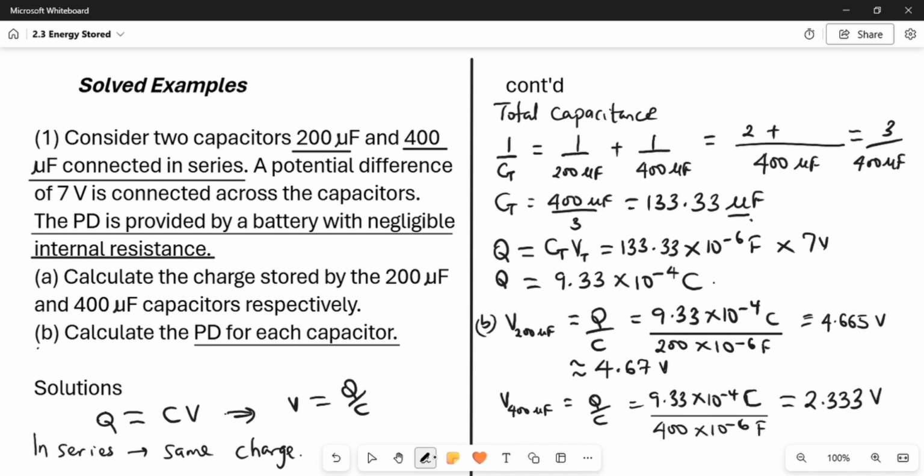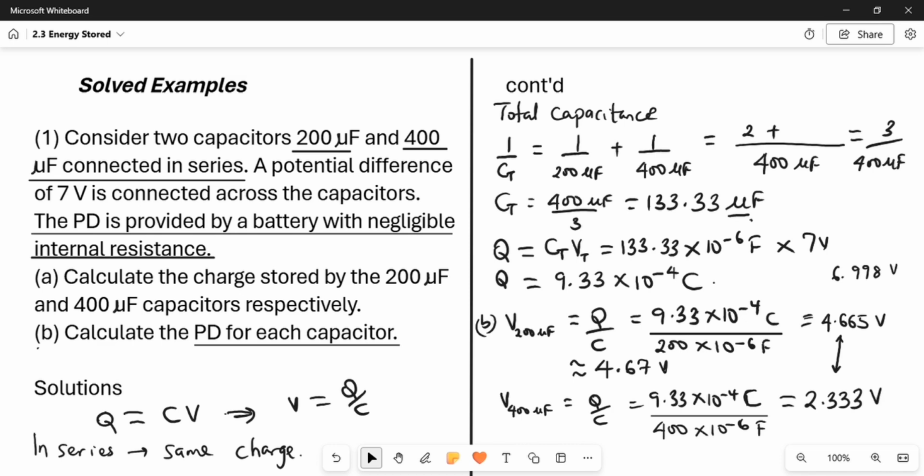Add this to this, we will get approximately 6.998 volts, which approximates to 7 volts. So we are correct. Let's take another example where we'll have to look at a capacitor that has a dielectric material.